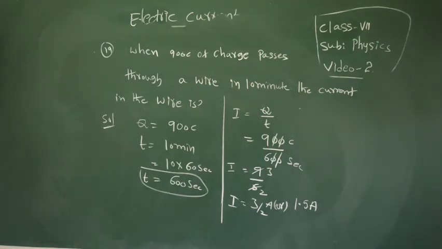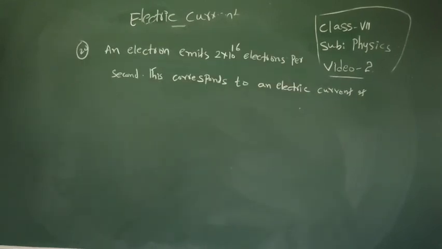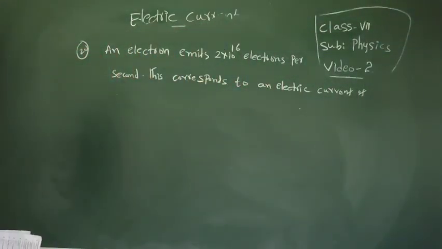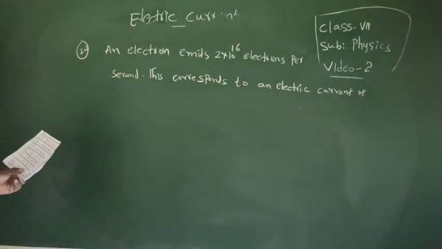Okay, next one. An electron emits 2 into 10 power 16 electrons per second. This corresponds to an electric current of?